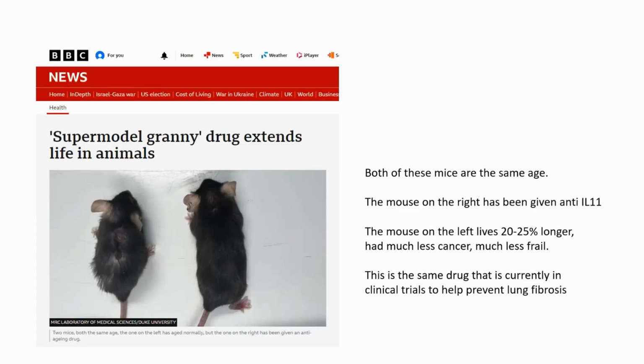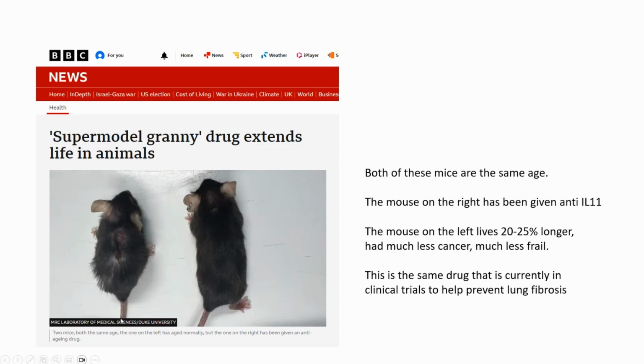This is the paper that I read that stimulated all of this inquiry in the summer. These are two little mice. These two mice are the same age. Well, that one definitely doesn't look as well as this one. They're identical age, treated identically, had the same life. The only difference is this one has been given one of the anti-IL-11 drugs that are under test.